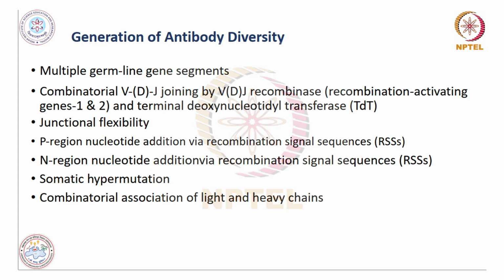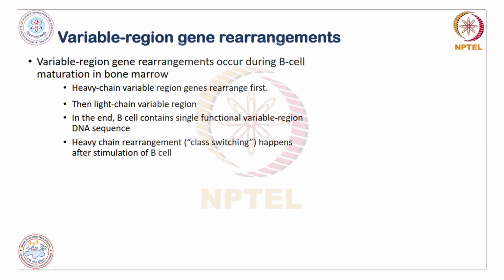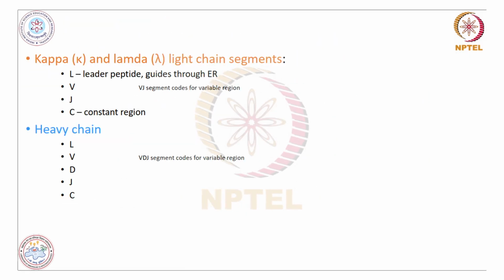So this VDJ recombination is a unique genetic process that generates the enormous diversity of antibodies in the B cell, so that our immune system can respond to millions of different types of antigens. I will write a few things here.